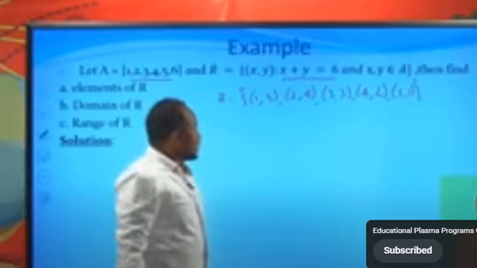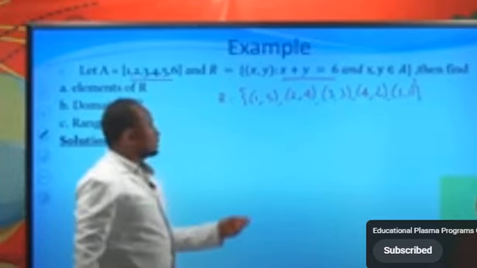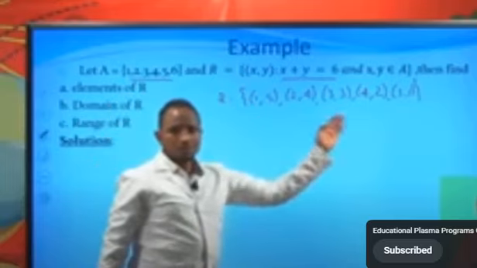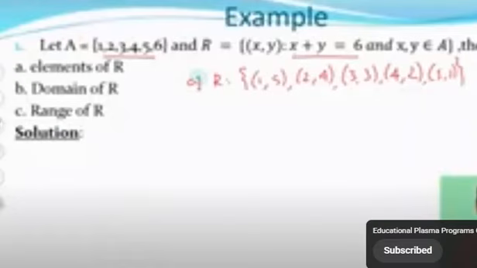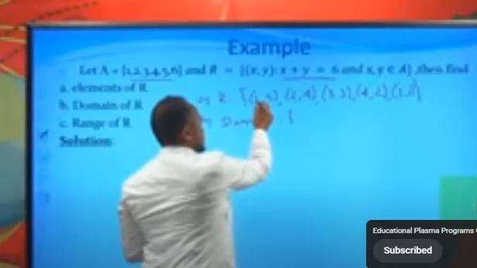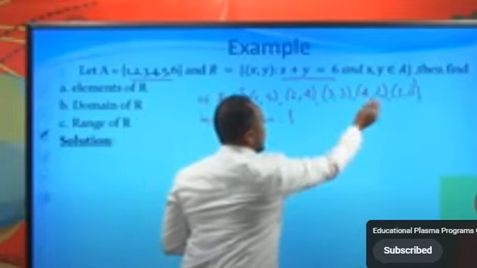From this, you are also asked to find the domain of R. The domain of R is simply the set of first components. Therefore, the domain of R will be 1, 2, 3, 4, and 5.